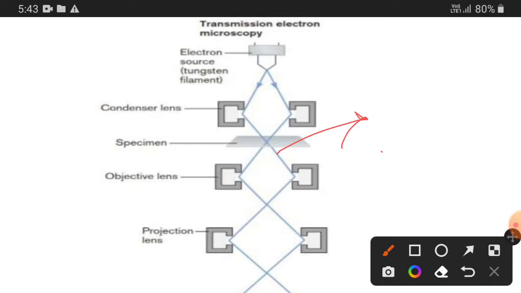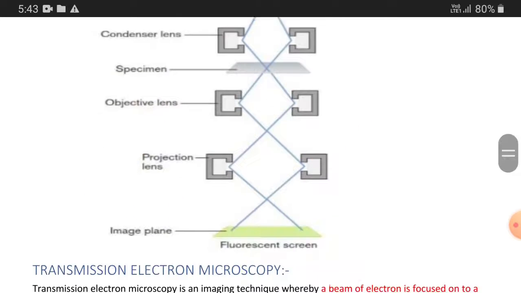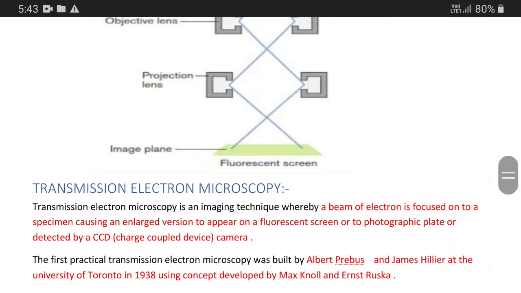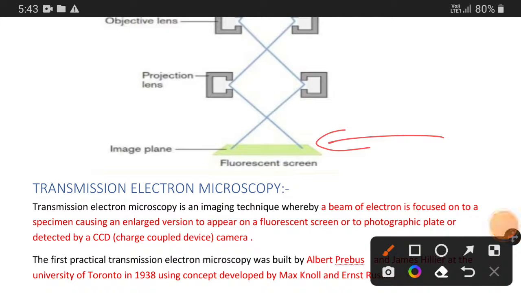This transmitted beam will be further magnified by the objective lens and projection lens, and then it will hit the fluorescent screen. There can also be a CCD, which is our charge coupled device camera, or a photographic plate. These are the three kinds of image plane that we use. After hitting, they will create an image of the object.